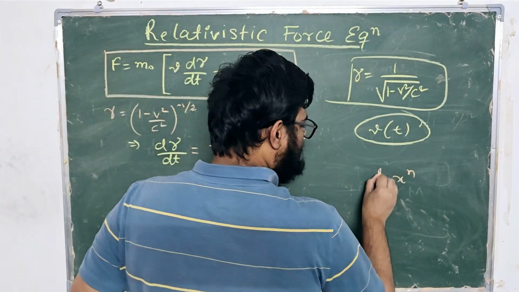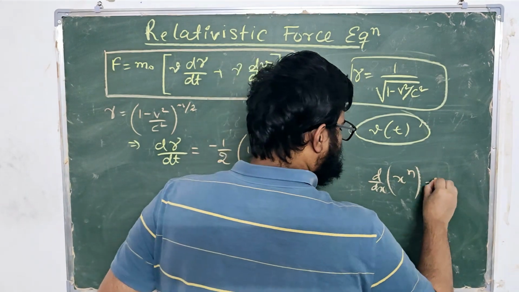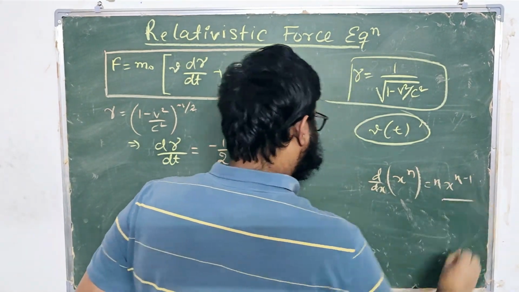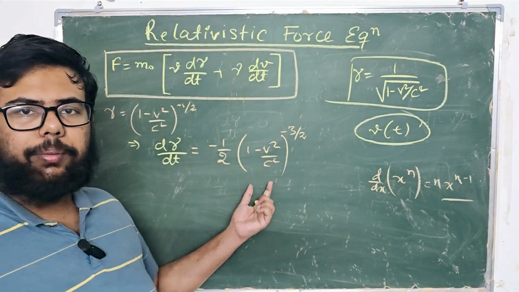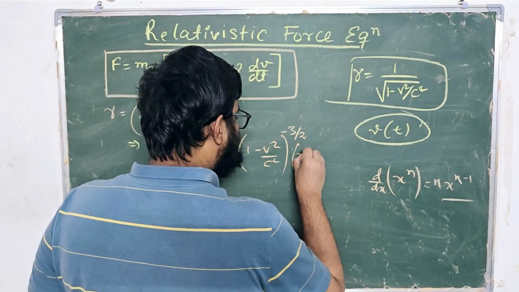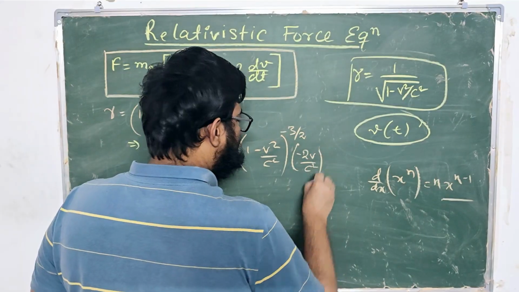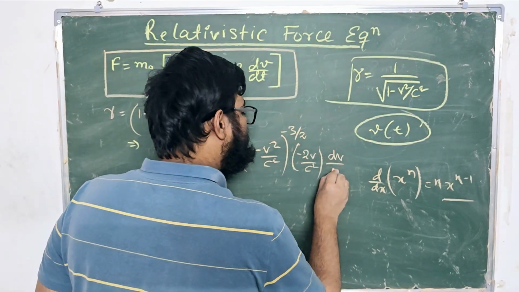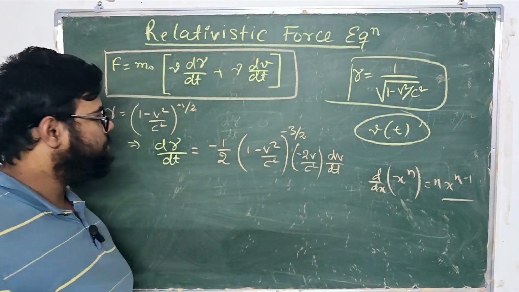X to the power n, d by dx is n times x to the power n minus 1. This is what I have applied over here. Now by the chain rule you will get negative 2v by c square times dv by dt, correct?